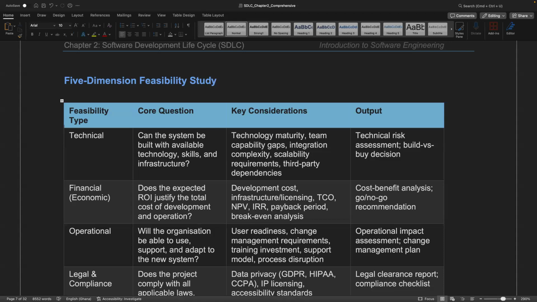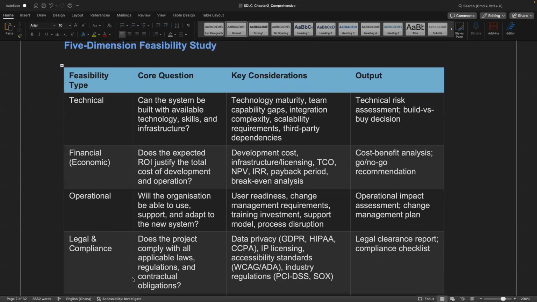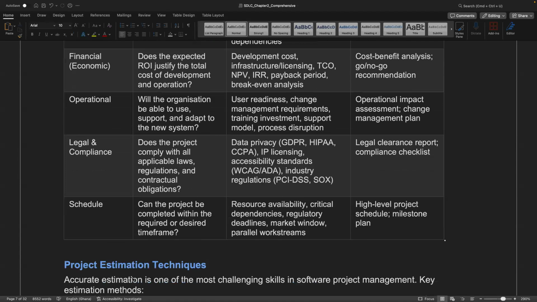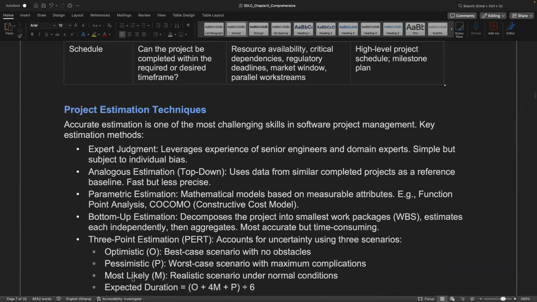So you are looking at the profit margin. This is where the business aspect will come, but that one is up to the top hierarchy. You're looking at the core, the operational. You also have the legal and the schedule. All of this, you should be able to know and plan towards it. Now, in order to estimate the cost, the techniques are very, very important in our project management skills.